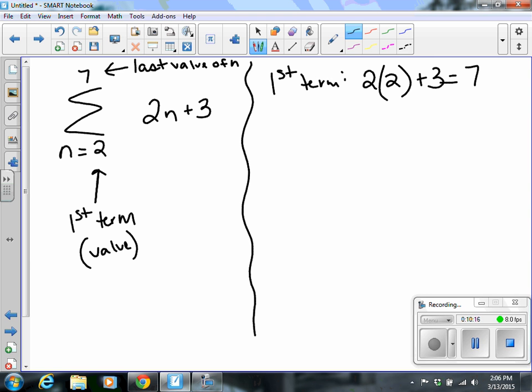Then I have to keep going until I get to the 7, so the last value. That's telling me how many terms I'm going to have. That's the value I'm going to be plugging in.